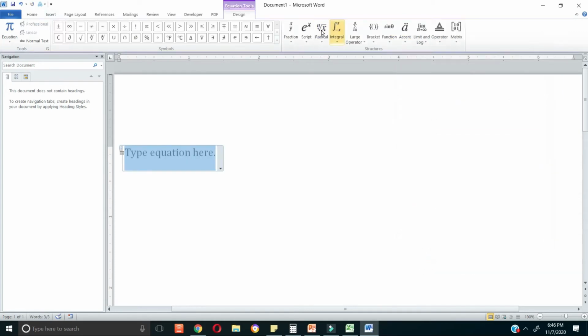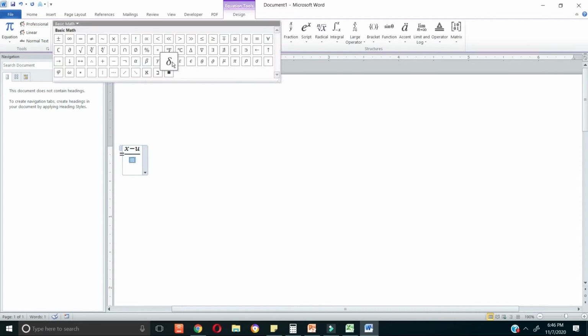So for these different values, we want to get x minus mu over the standard deviation.